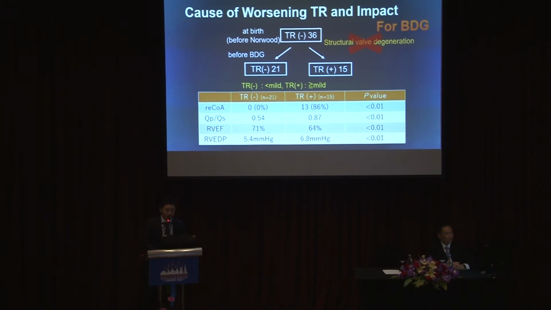Recoarctation of the aortic arch was more often associated with the TR group, 0 versus 13. QP by QS was higher in the TR group, 0.54 versus 0.87, the RV ejection fraction was more decreased in the TR group, and end-diastolic pressure was higher in the TR group.